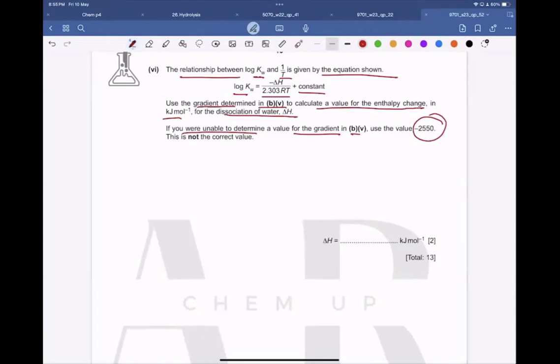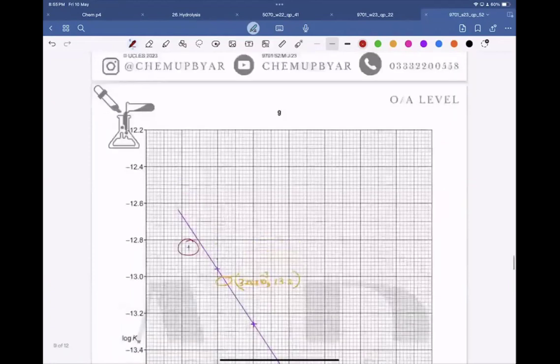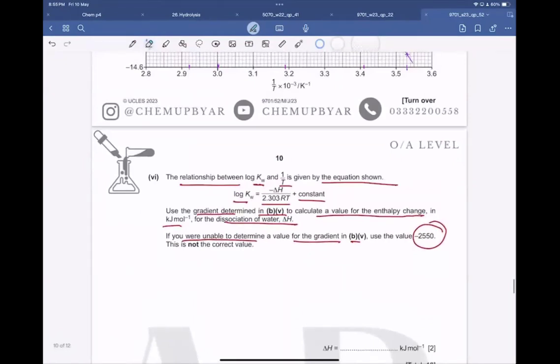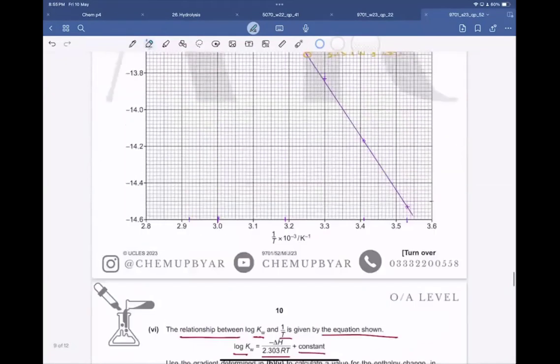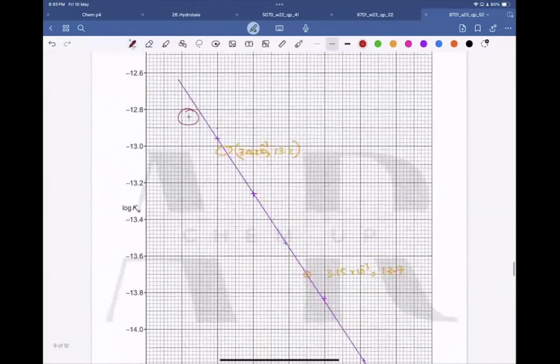Yes, thank you, Mariam. So see, the value that you have calculated, Abdullah, is incorrect because the difference is so big. It is 3846.15.